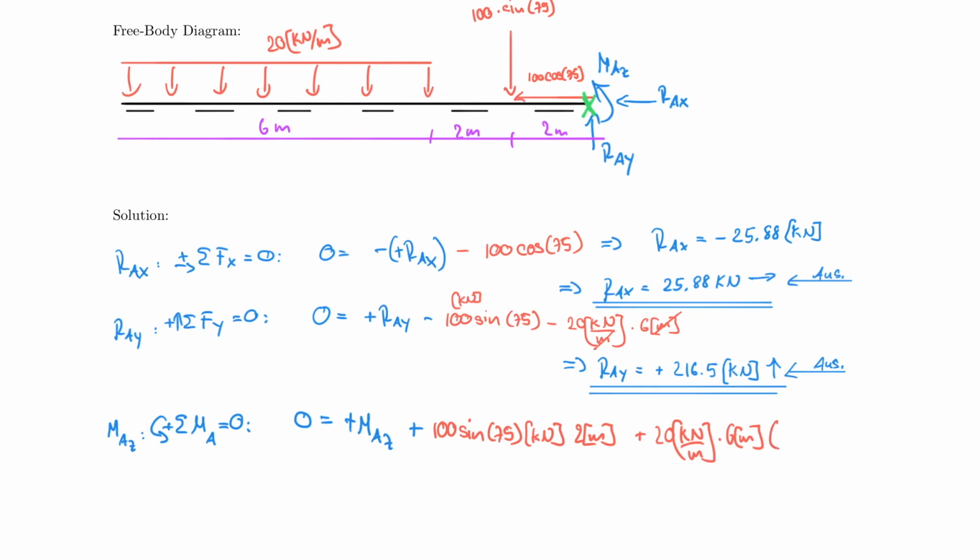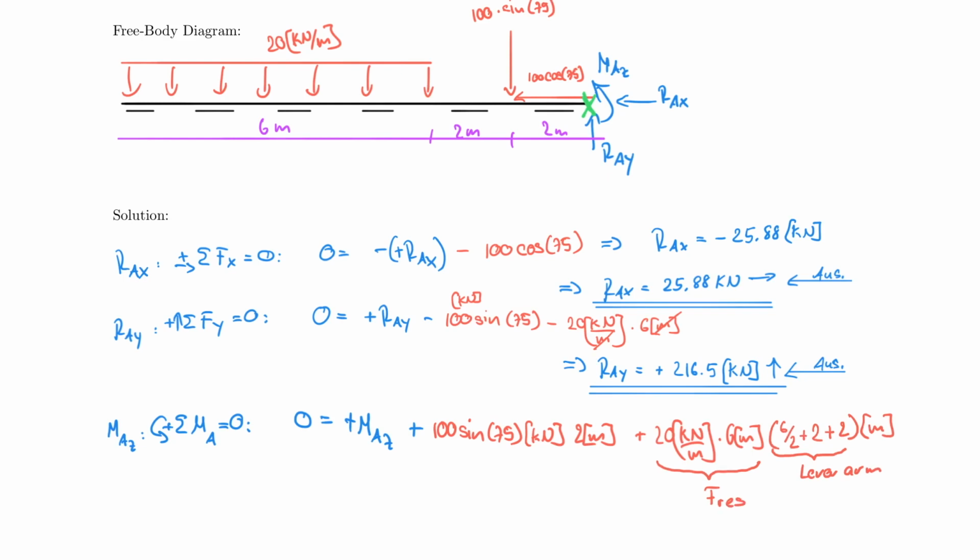So multiplied by 6 over 2 plus 2 plus 2 meters. And let's understand that this is the lever arm. And this is the lumped force. So F resultant is what I usually call that.